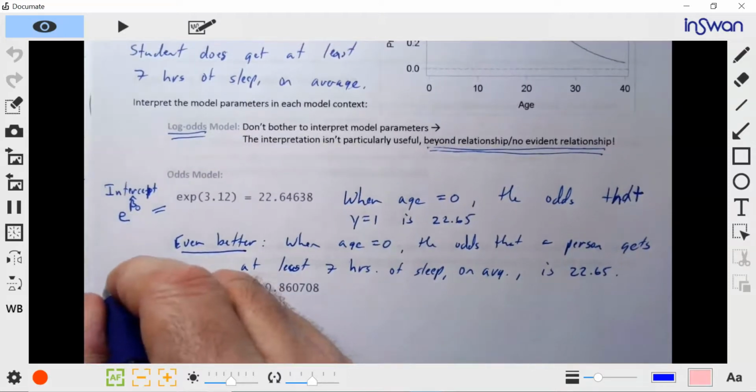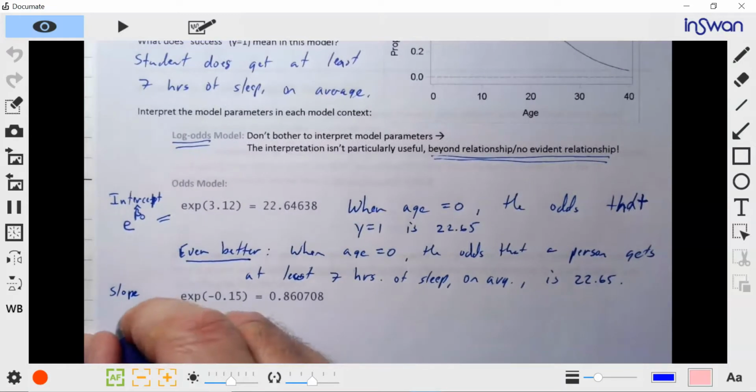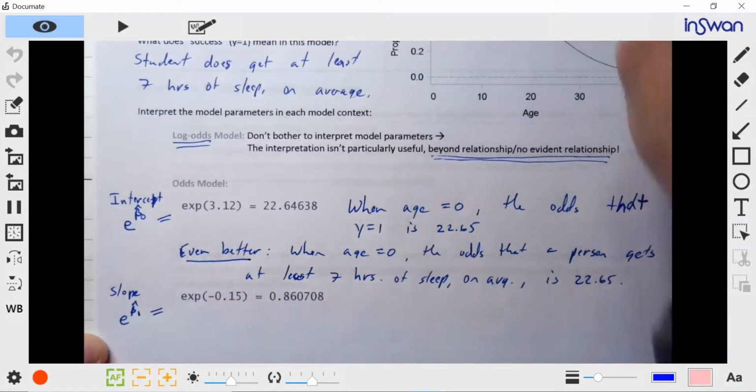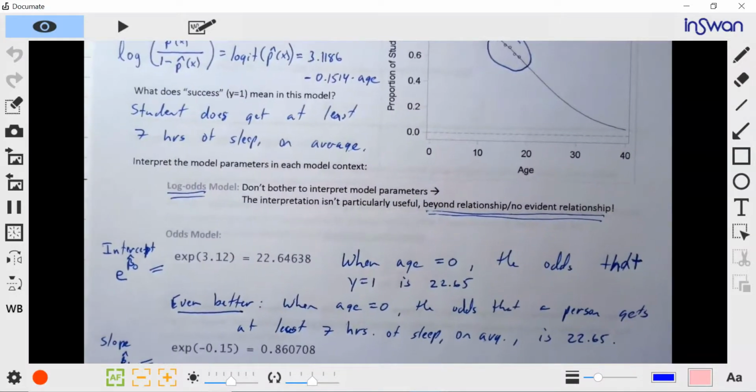Now if we want to think about the slope, how do we interpret the slope on the odds scale? e to the beta 1 hat is equal to exponential negative 0.15, which is what we saw up here in the table, which is 0.86.